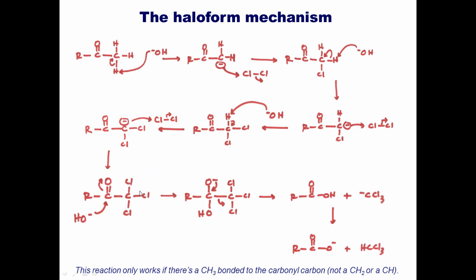Because you have to have 3 chlorines on this alpha carbon in order to make it a good enough leaving group to get kicked off in this step. If I start with a CH2, then I can only get 2 chlorines on here, which is not enough electronegative suction to make this carbon a good leaving group. And if I only have a CH, then I can only put 1 chlorine on it. Thus, the Haloform reaction only works if you're starting with a CH3, that is, a methyl ketone.